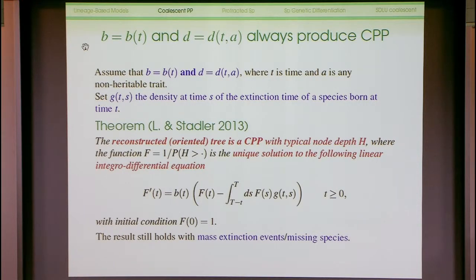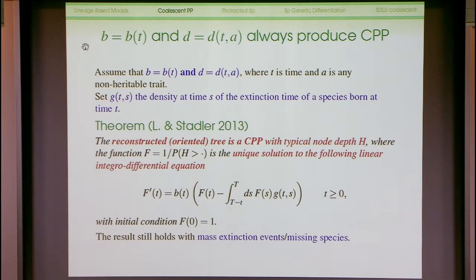This actually only means that the distribution of the lifetime of a particle, of a species, is not exponential. It can be general. And you call G_T(S) the density at time S of the extinction time of a species born at time T, which might be anything, it doesn't have to be exponential.